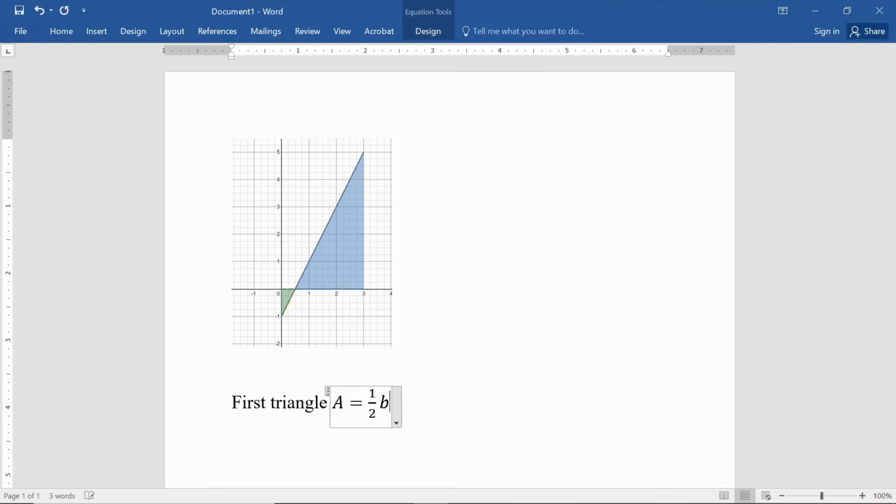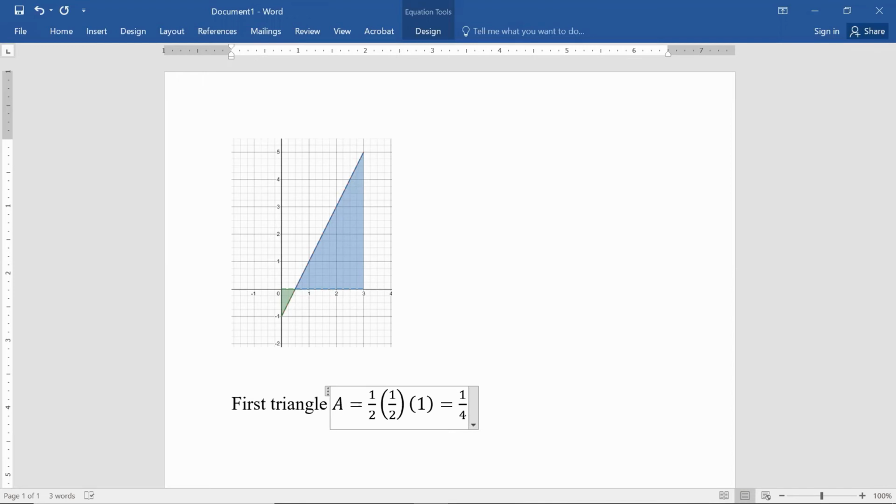It doesn't matter which one you call the base and which one you call the height, but I'm going to call the base 1/2 because you go from 0 to 1/2. And I'll call the height 1 because we go from 0 to -1. When you calculate the area of that small triangle, you get an area of 1/4 of a unit, or 0.25 of a unit.